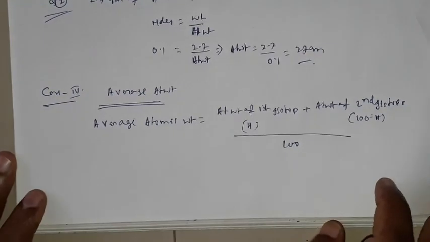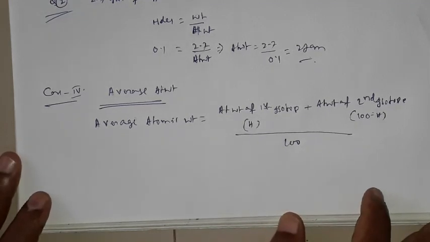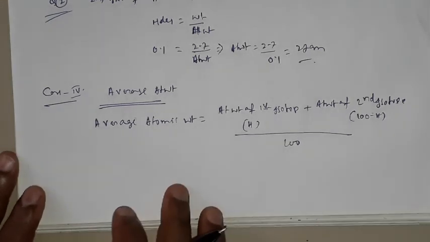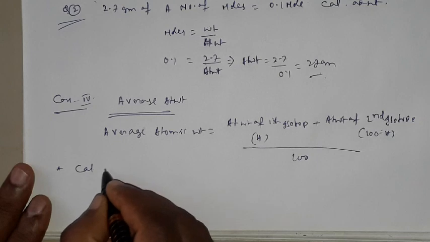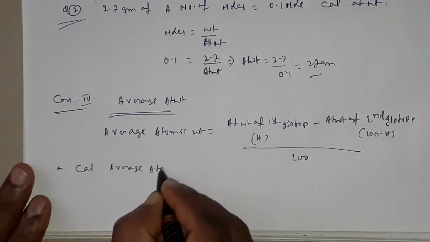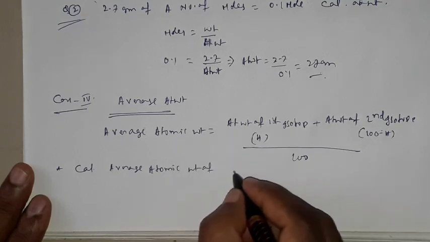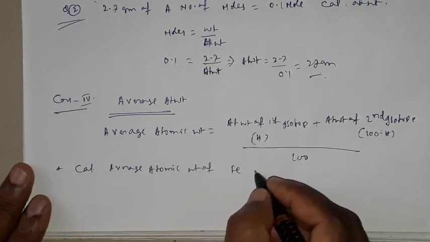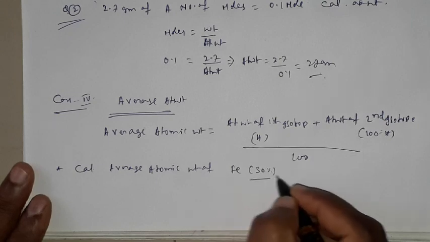I'll give an example. Calculate the average atomic weight of iron. One of the isotopes is 30%.